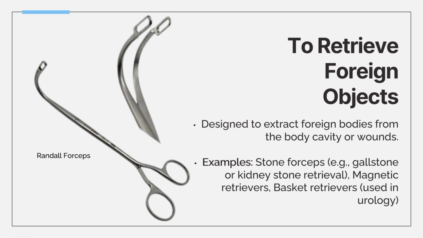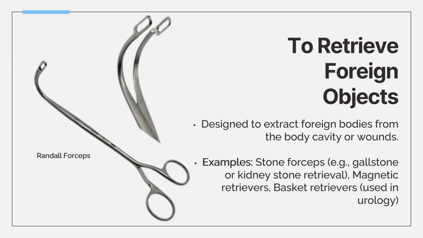And our final example would be instruments that retrieve foreign objects. Foreign body retrieval instruments like forceps or magnets are used to retrieve objects accidentally introduced into the body. Instruments used to retrieve foreign objects are essential tools in surgery and emergency medicine, especially.